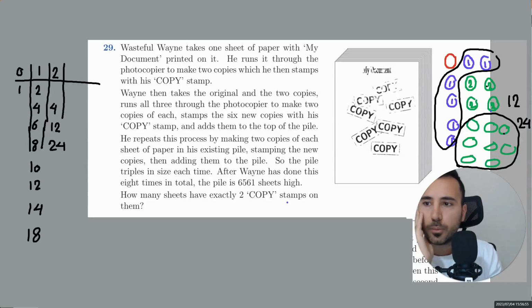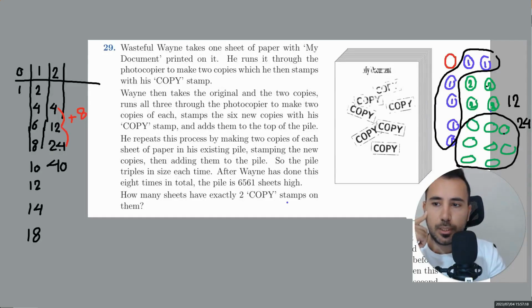But we're looking for the ones that have 2 copies on them. So this one will be plus by 2. Next time it will be plus by 8 times 2. 24 plus 8 times 2 is 40. So you see the pattern now, right? This one was plus by 8.